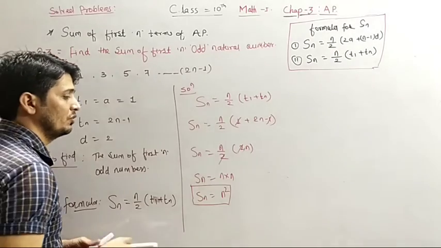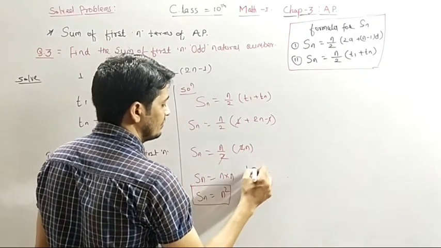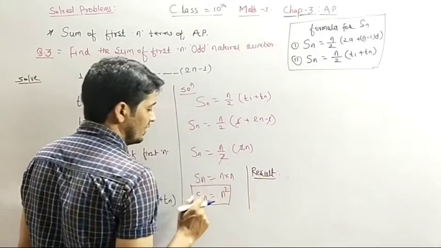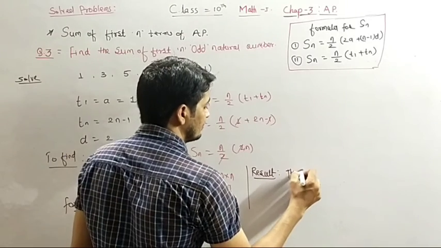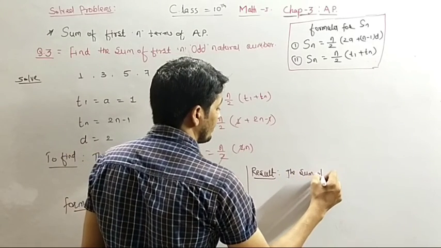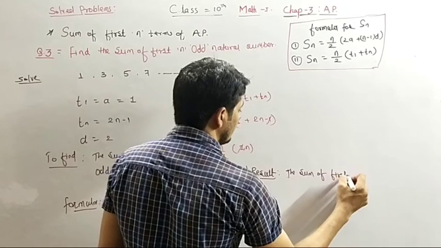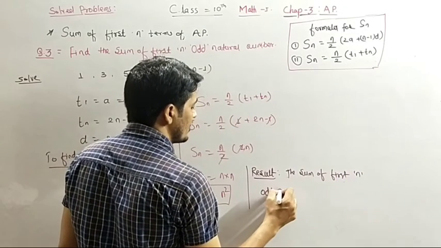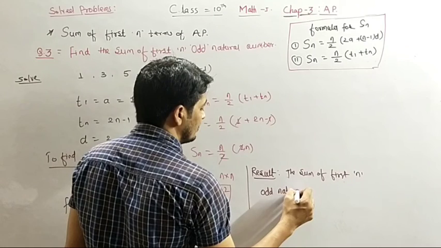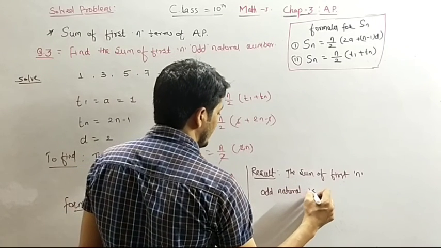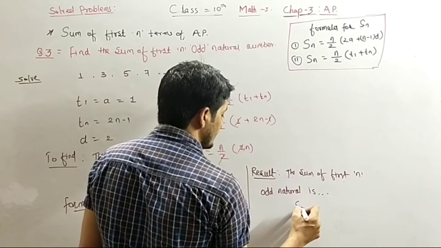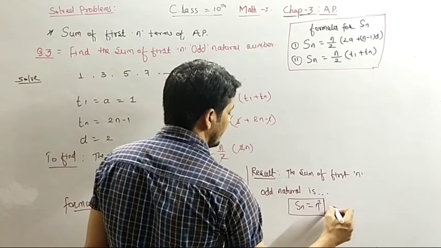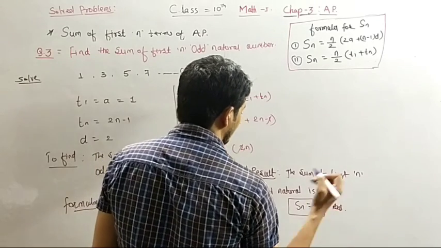So we have the answer. Now we have to write the result. What will be the result? The sum of first n odd natural numbers is Sn equals n square. And it is our answer.